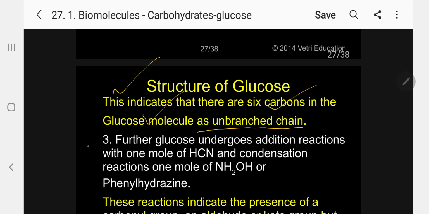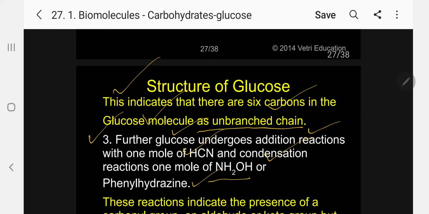The third, again an important reaction. Further, glucose undergoes addition reactions like aldehydes and ketones with 1 mole of HCN, forming the corresponding cyanohydrin, and condensation reactions with 1 mole of hydroxylamine or phenylhydrazine, forming the corresponding oxime or hydrazone.